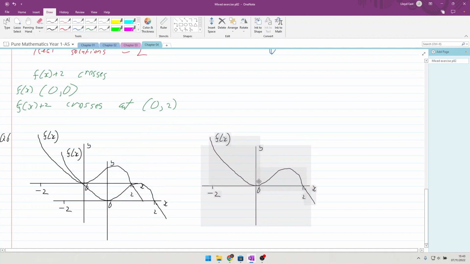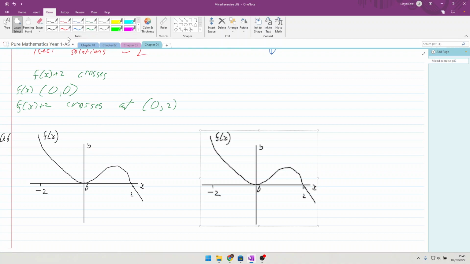Let's have 2 of them, because they now want us to draw f of minus x, and they also want us to draw, and I'll do it in green, minus f of x.